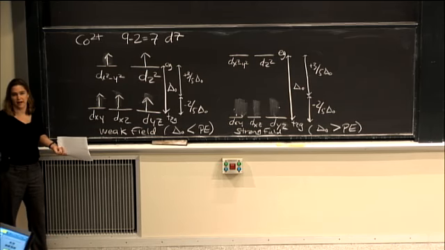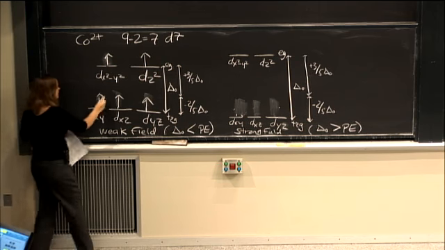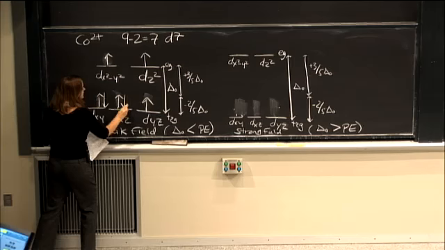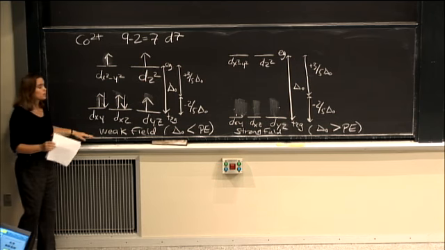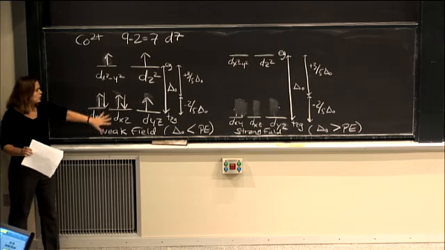And now we have to pair. We've used up all our orbitals. So we're going to start pairing down here in the lower energy. So that'll be 6, 7. So we had no choice. We had to pair them. But because it was a weak field, we filled them all up singly first before we paired.